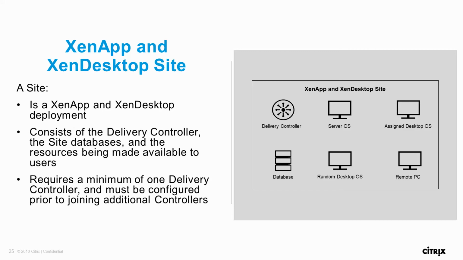For load balancing and high availability, we require a minimum of two delivery controllers per site. In a real-time environment, a minimum of two delivery controllers is maintained, and a maximum of 4 to 6, based on the number of desktops and applications you are delivering.